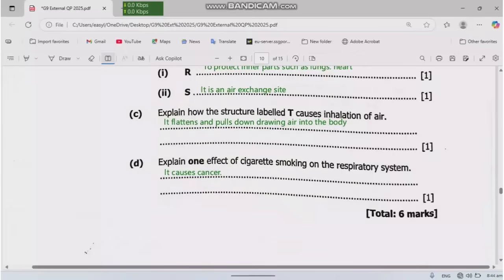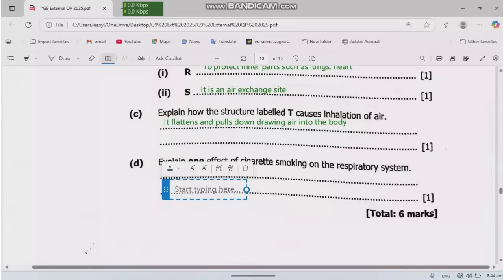So they said one effect. I'll give you the second one. The effect of smoking, it also brings in the disease called emphysema, but let me not put emphysema because it will be difficult for people to remember. What disease can people remember?